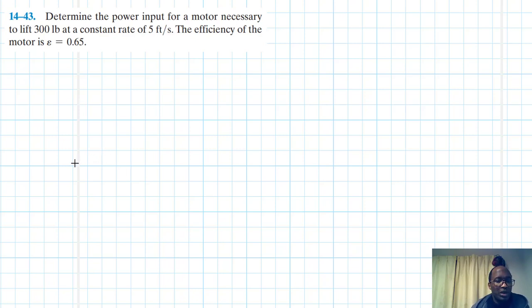So let's imagine it's a box. And the weight of this particular box, we've been told, is 300 pounds.